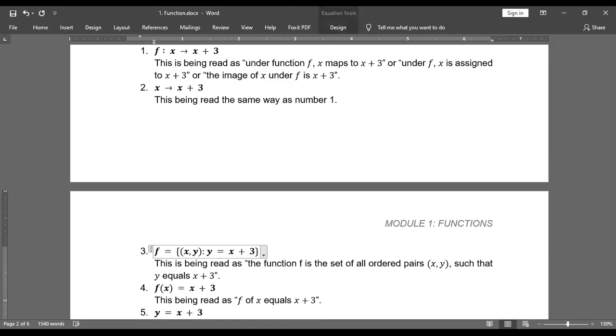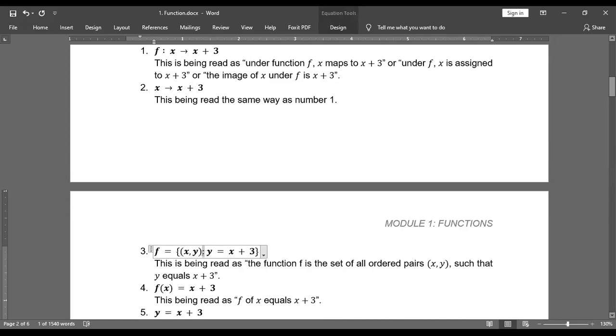So f is equivalent to the set of all ordered pairs (x, y) such that y is equivalent to x plus 3.